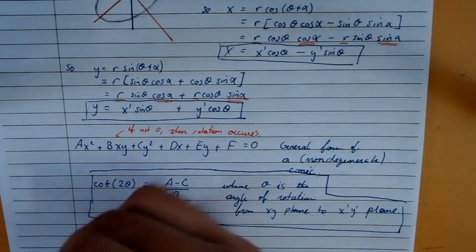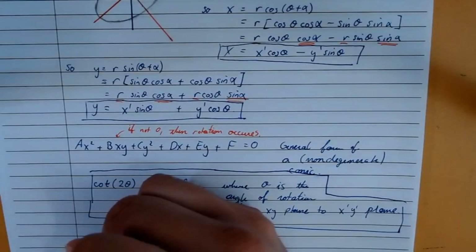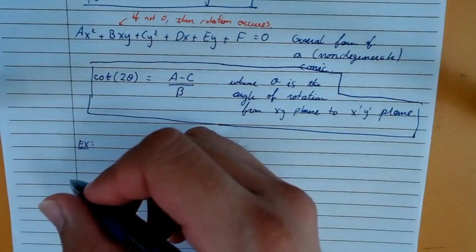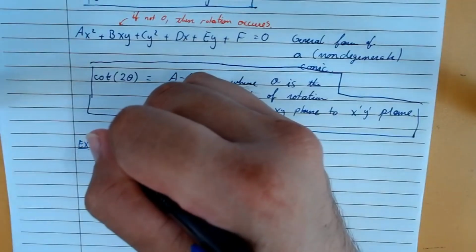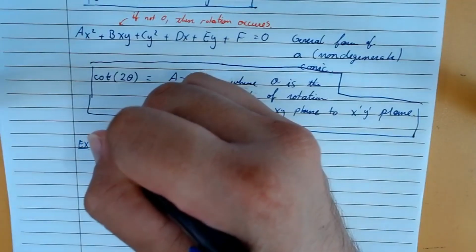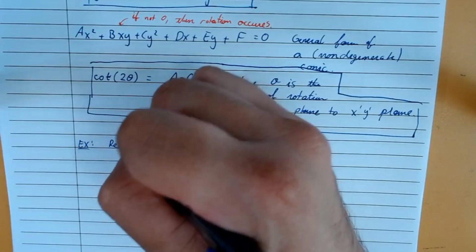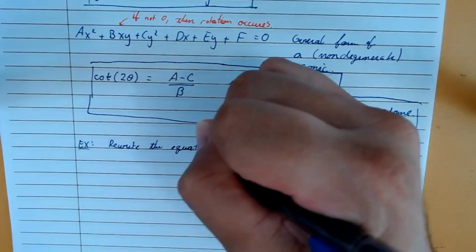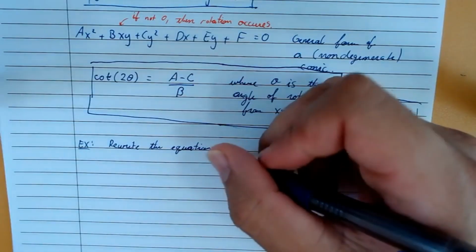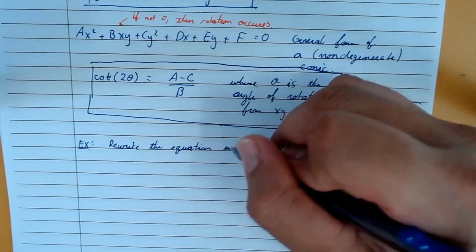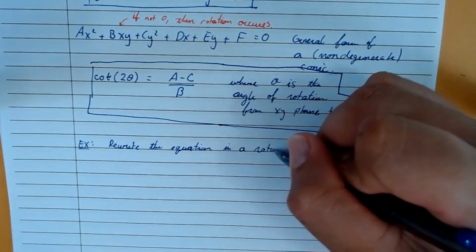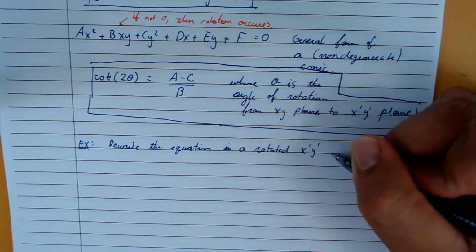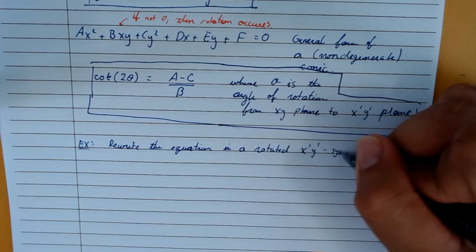So let's take a look at an example. This is a multiple part problem here. We're first going to rewrite the equation that we're going to be given in a rotated x prime y prime plane system.